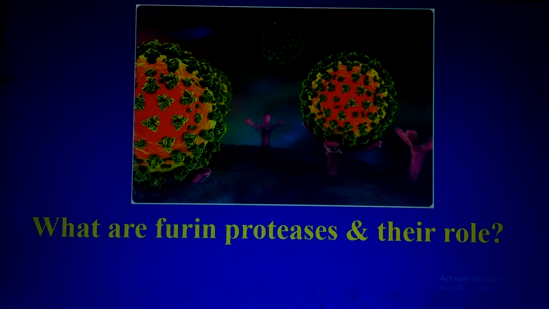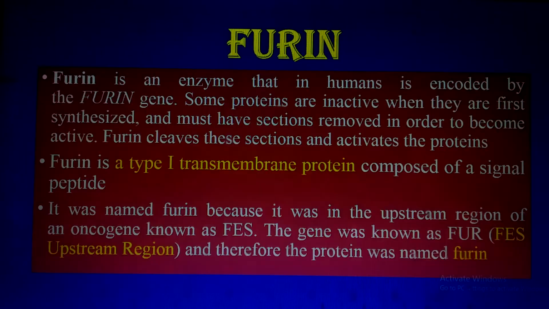So what will happen? Transmembrane serine proteases activate the spike protein by cleaving it into its subunits like S1 and S2. Just like that, furin proteases help the spike protein break down and become active. And how, I will show you.